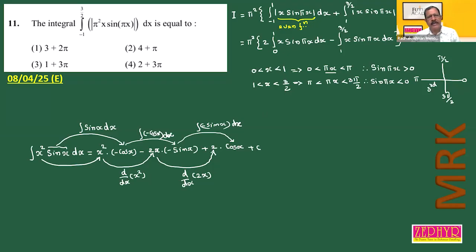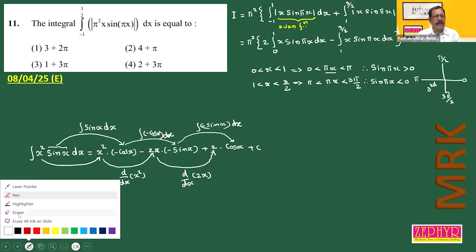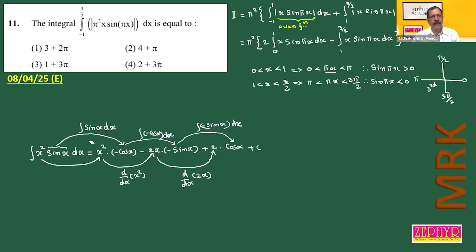Now to write the next term, we have to differentiate x squared and put it, that is 2x, into, now next factor is integral of minus cos x, that is minus sin x. Now change the sign from minus to plus. Now derivative of 2x, that is 2. Then the integral of minus sin x is cos x. So this way you will be able to find the primitive very quickly.